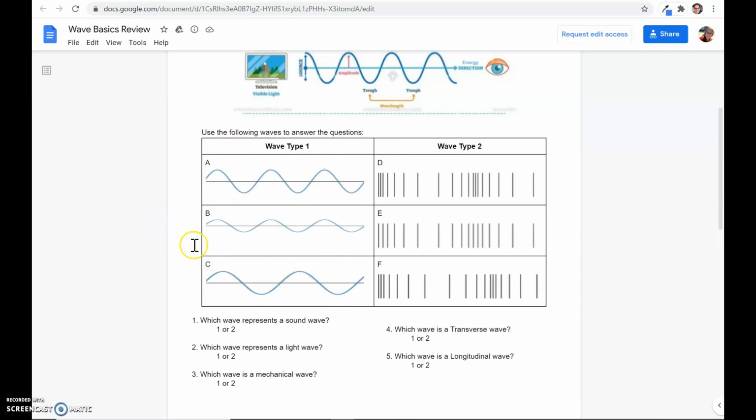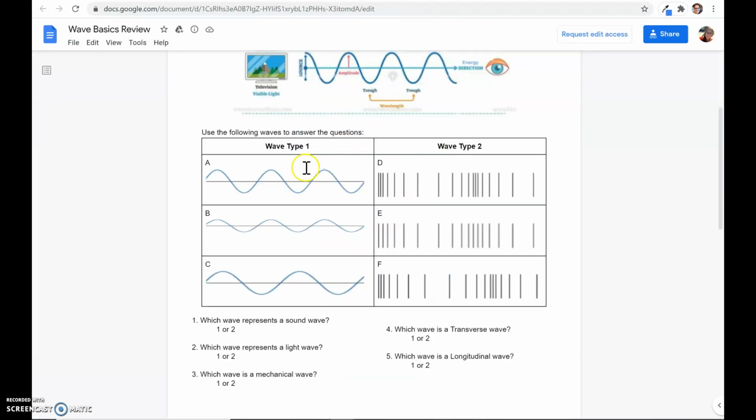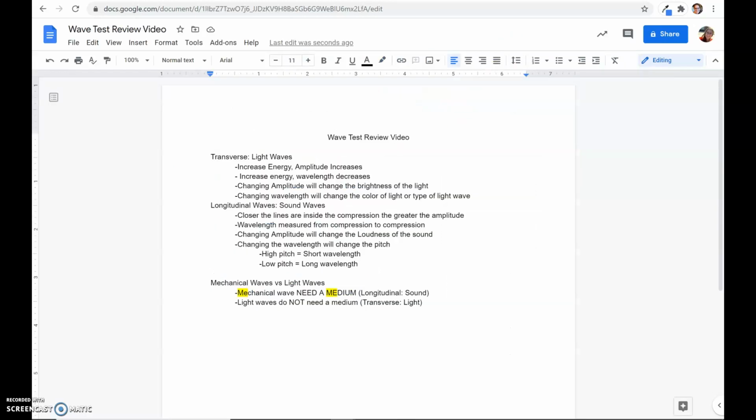Which one's more likely to be a blue color of light? C has a longer wavelength, and just like we looked at here, red has a longer wavelength than blue and purple. So C is more likely to be a red light, whereas A is more likely to be a blue light. So that's all you need to know.